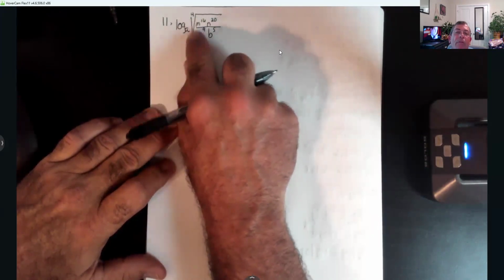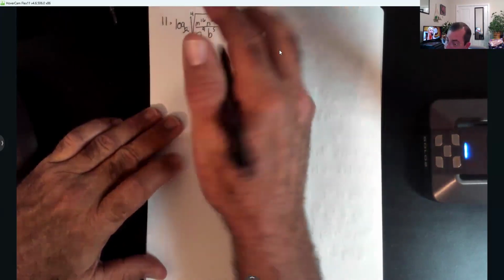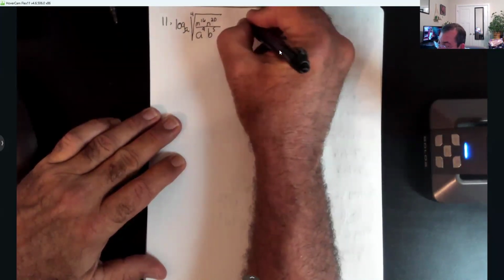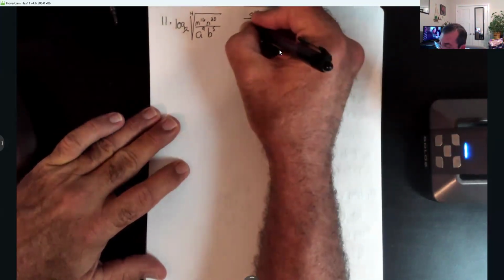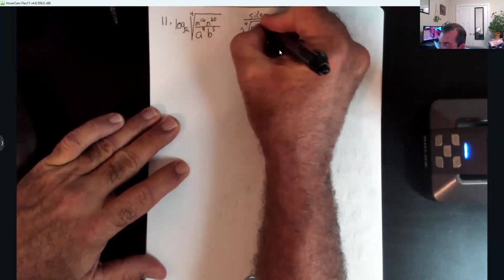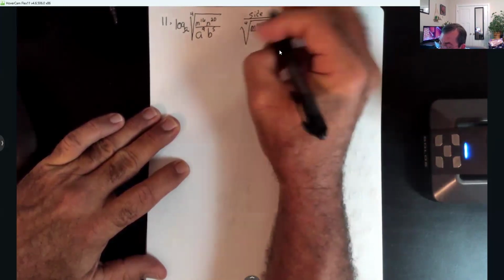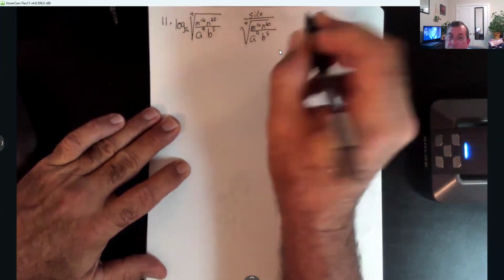So I'm going to work on rewriting it without that radical first, okay? So this side work here, when you get quicker at them, you'll be able to do this quicker than what we're doing here. But that's a fourth root, m to the 16, n to the 20 over a to the 9, b to the 5.